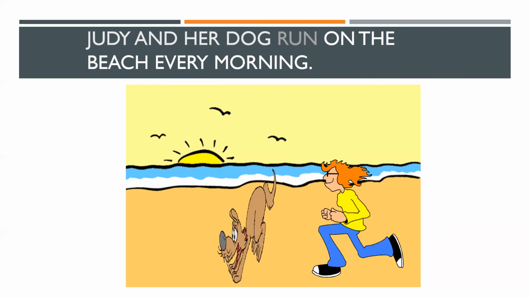Run here is verb 1, right? If you have verb 1, it will be simple present. Why do we have simple present? Because we have every morning, right? Because this is the habit or the ritual, something that is usually done by Judy and her dog. So we have here run, or verb 1.